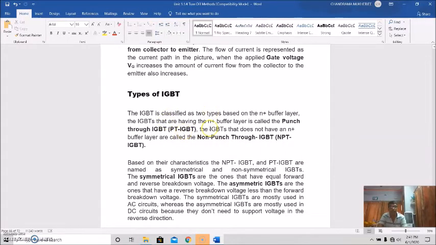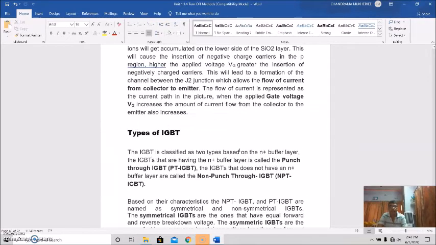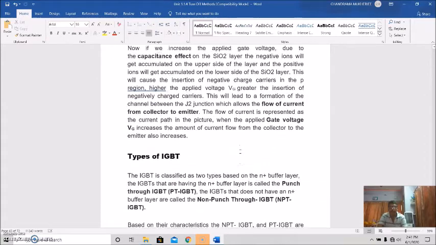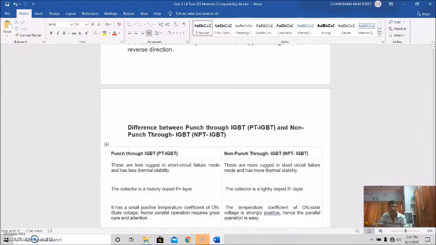Because of their N plus buffer layer, these are called punch through, and where it is not there, it is called non-punch through IGBT. That is the types.